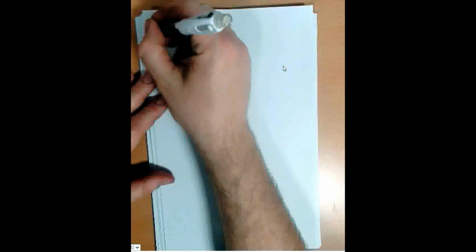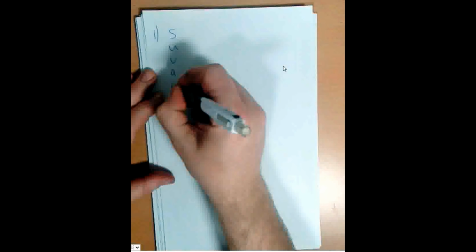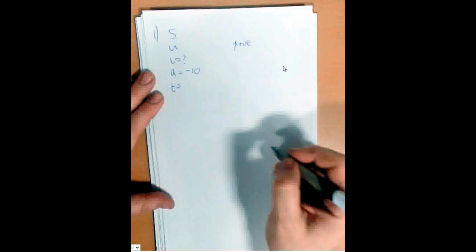Okay, so question 1. I want v. I'm given that a is minus 10, because remember I always use up as my positive direction. u is 0, t is 3.